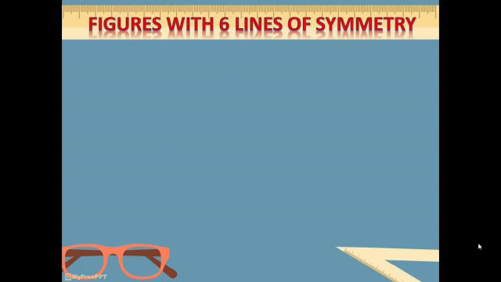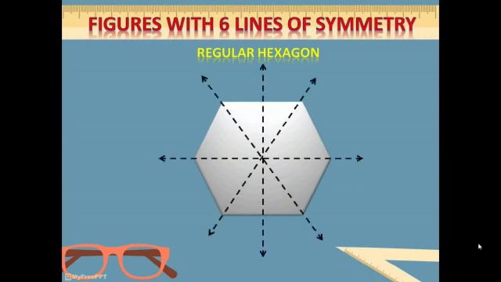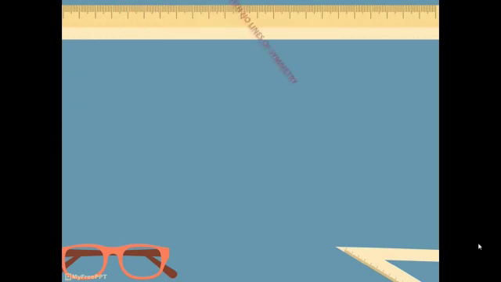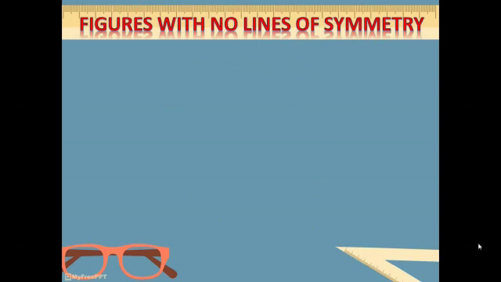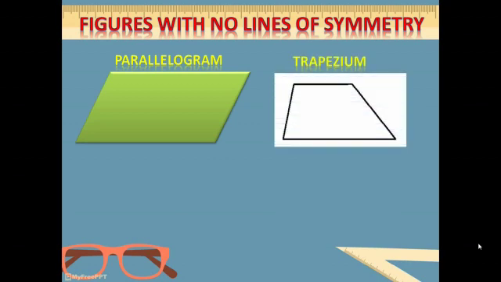Figures with 6 lines of symmetry. It's the regular hexagon. Let's count it: 1 and 2 and 3, 4 and 5 and 6. About figures with no lines of symmetry: parallelogram, trapezium, and scalene triangle. Those figures have no lines of symmetry.